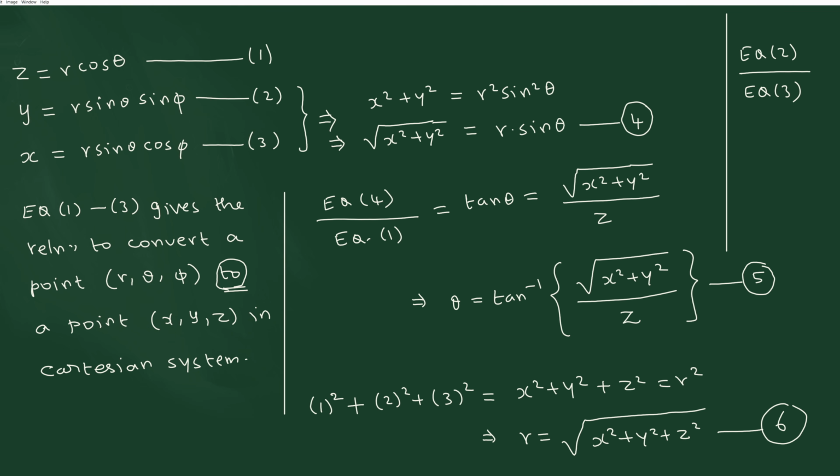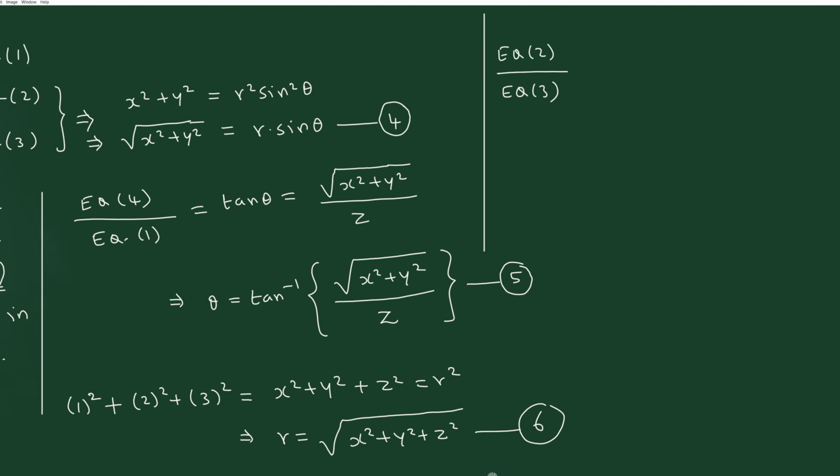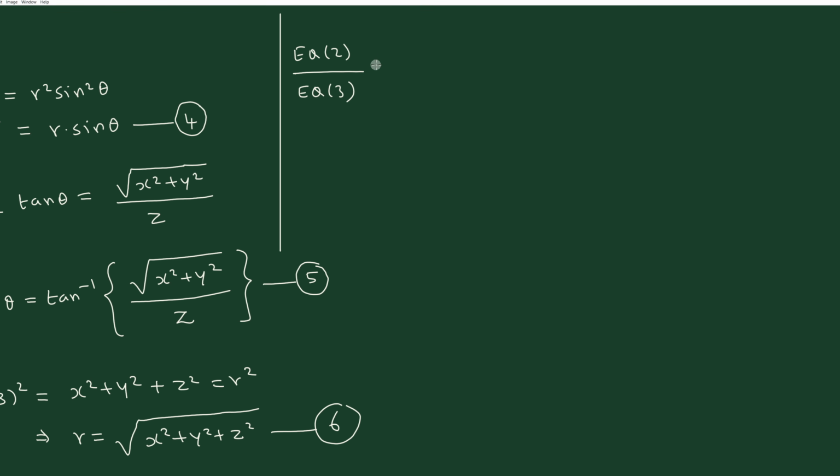So you remember y by x equal to tan phi. So that gives you phi will be equal to tan inverse of y by x. Now this is equation number 6, means let us say that this is 7.